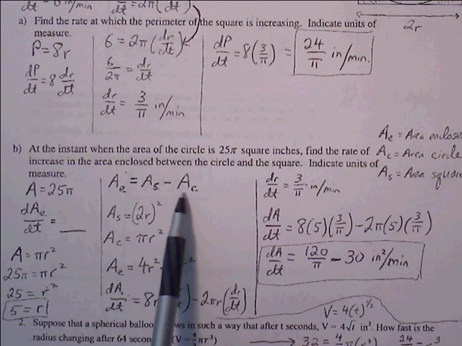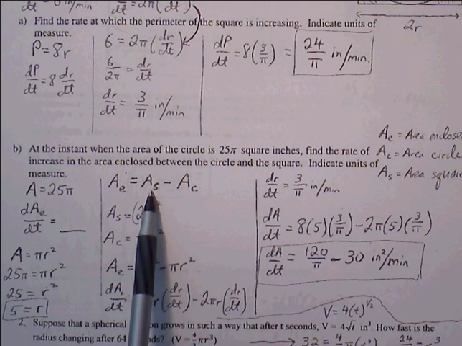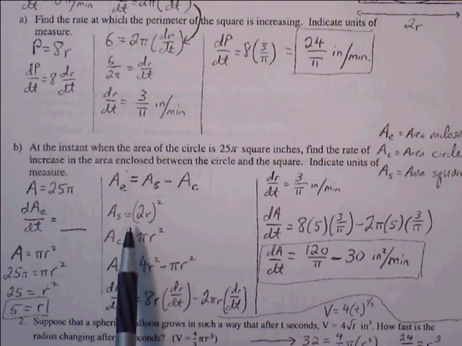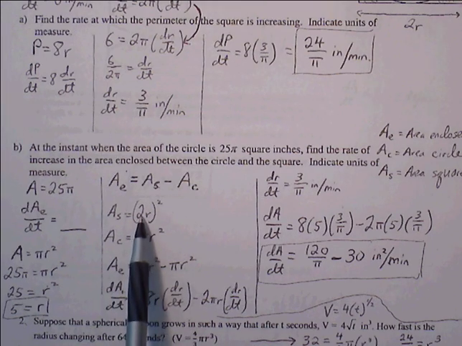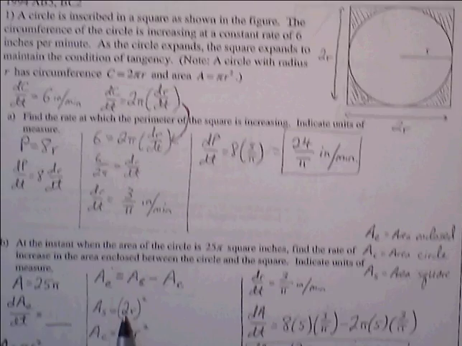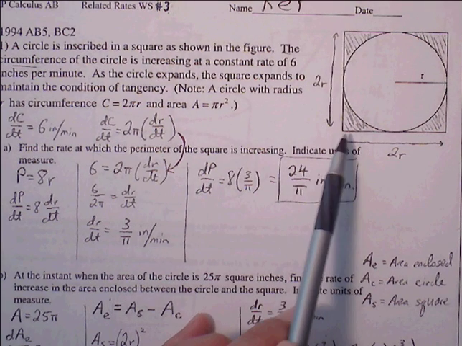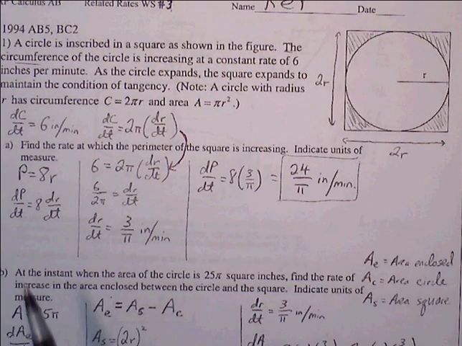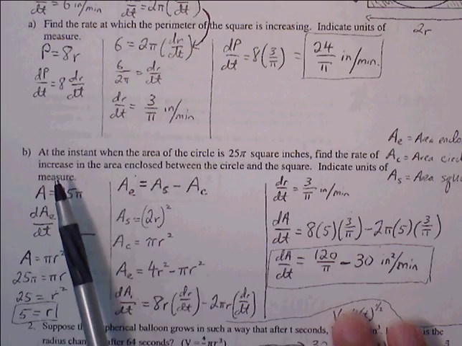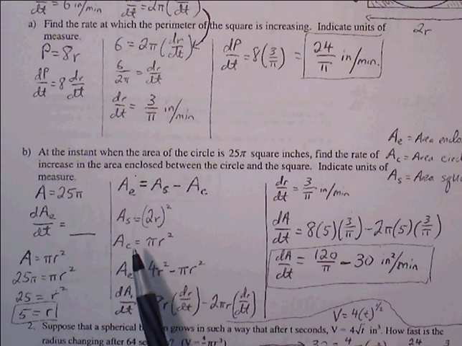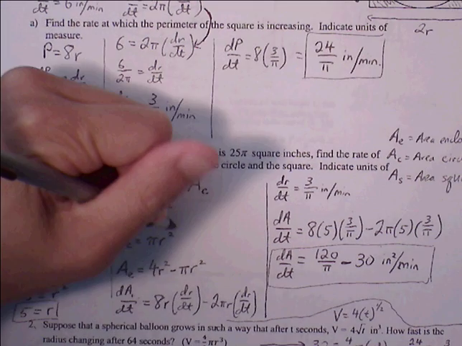Let's go ahead and find an equation for A sub s, the area of the square, and then the area of the circle. So the area of the square is simply going to be length times width. So we know the length is going to be 2r for the square, and then the width is also 2r. So the area of the square is simply going to be 2r quantity squared, or 4r squared.